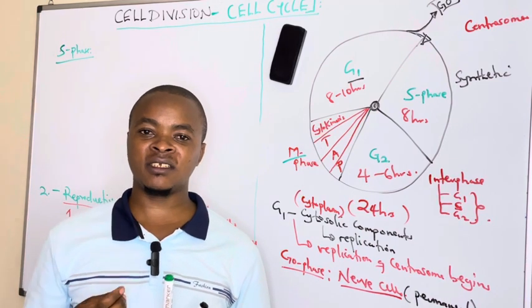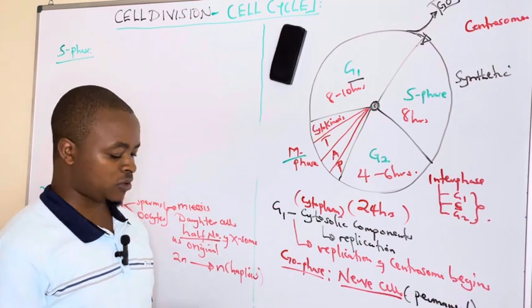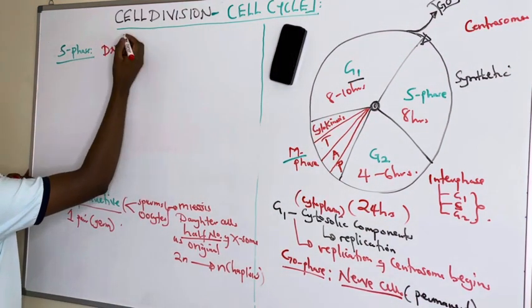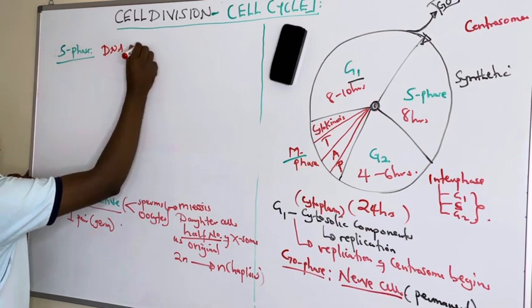And in this synthetic phase, we are seeing majorly replication of the DNA. So we see there is majorly DNA replication in the nucleus, whereby DNA is undergoing replication.